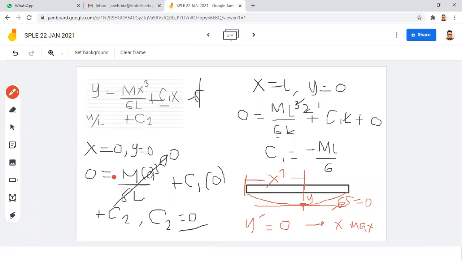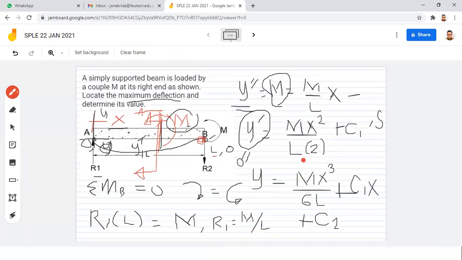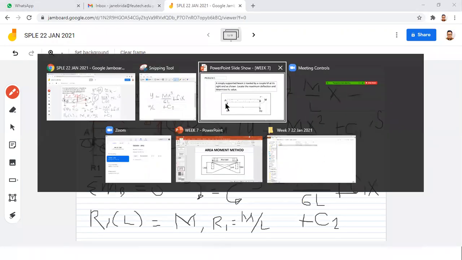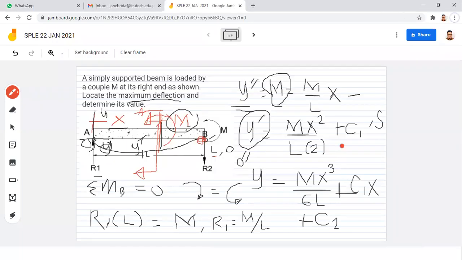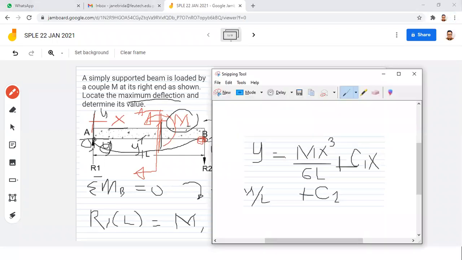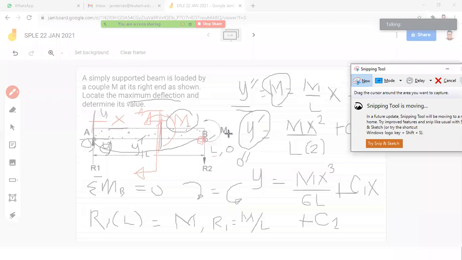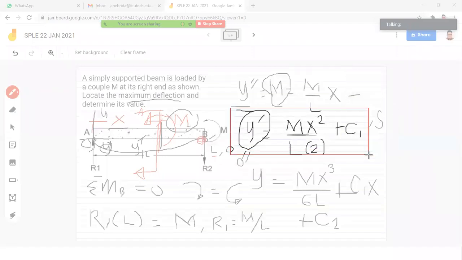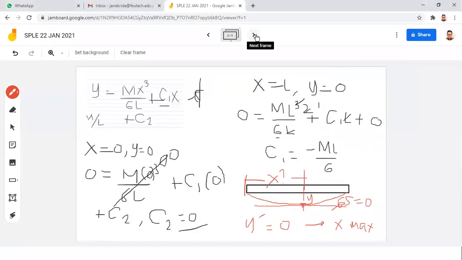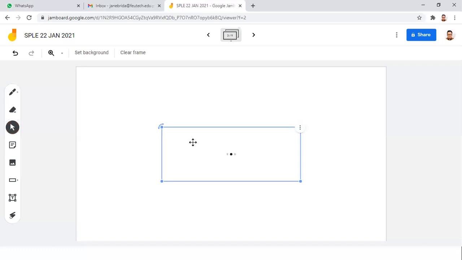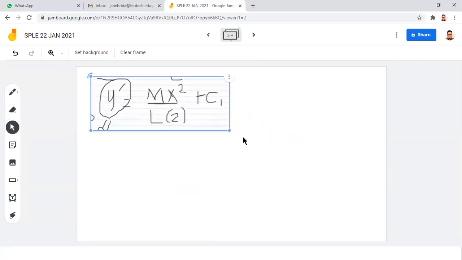What's that x? We can use this y prime. What's y prime? y prime is mx squared over 2L plus C1.